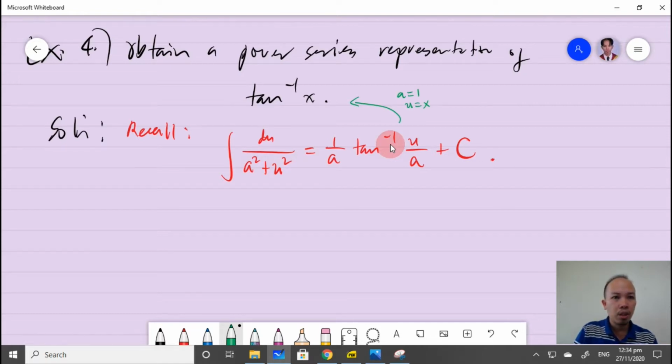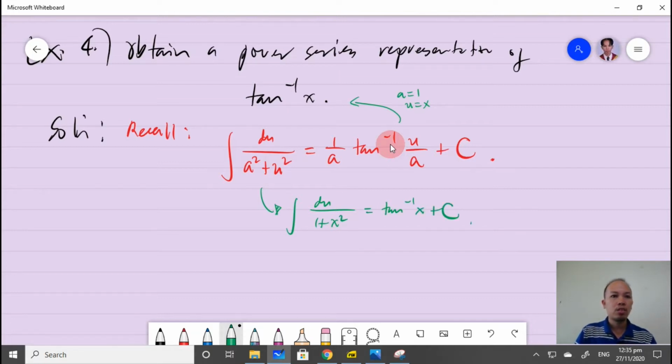So we have this integral notation, the integral of du. On the left hand side, this will become the integral of du over 1 plus x squared, and then we will have tangent inverse of x plus c.